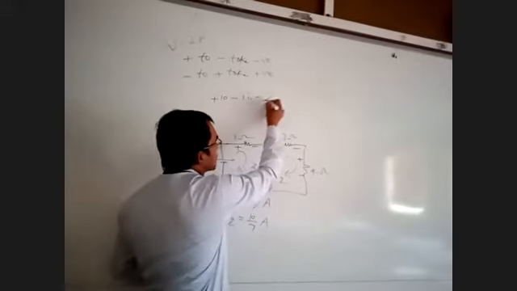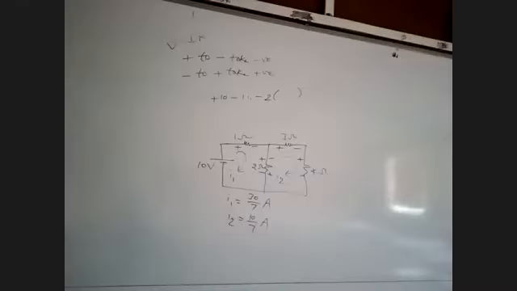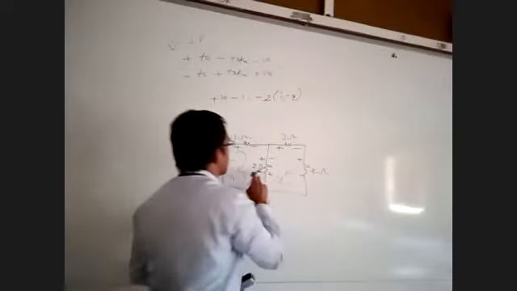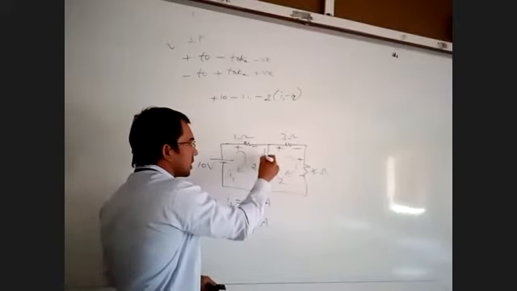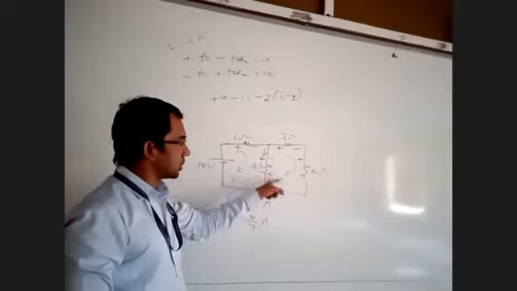Resistance is 2 ohms. Here, what is the current we will take? I1 minus I2, because in the first loop, I1 is the reference. See, I1 is flowing in the downward direction, but I2 is flowing in the upward direction. Both are in opposite directions.